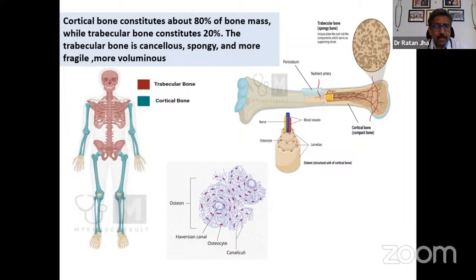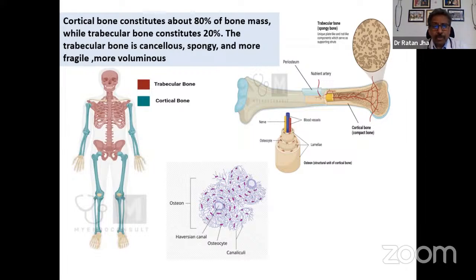The rib cage, the pelvic bones, and the skull bones are more trabecular, while the limb bones, particularly humerus, radius, ulna, femur, tibia, and fibula, are considered to be predominantly cortical bone.